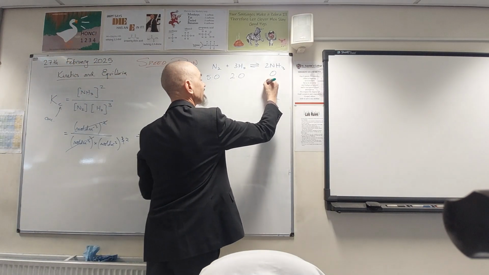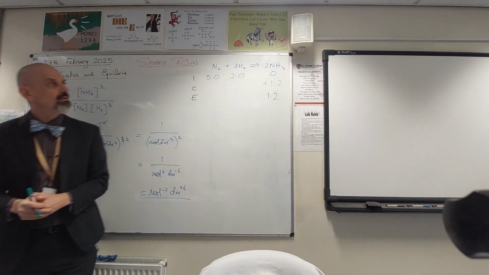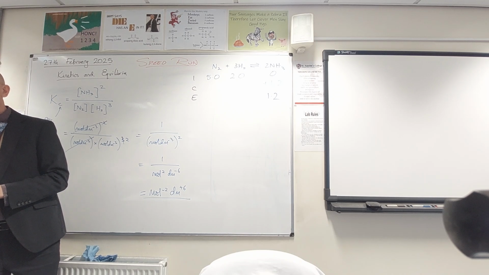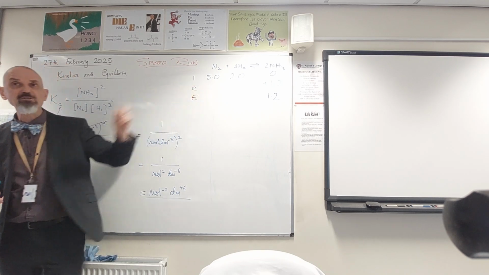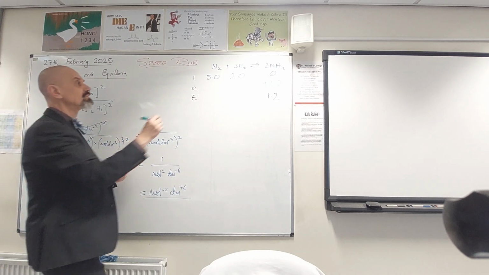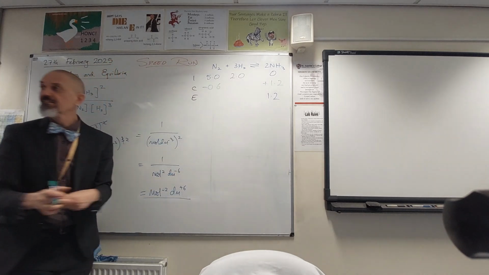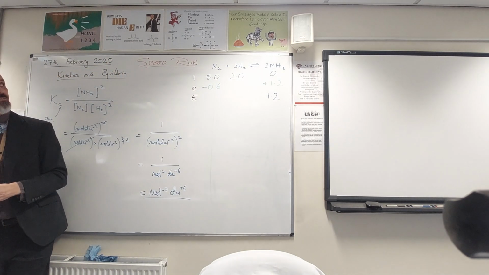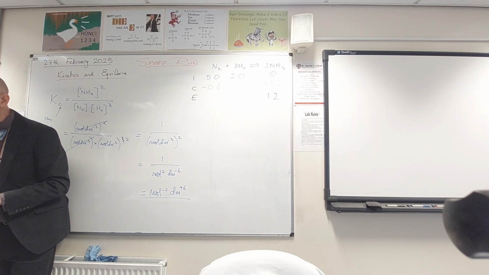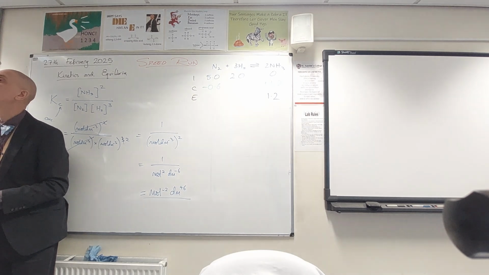So that's obviously gone up by 1.2. So how much has the N2 gone down by then? 0.6. Why 0.6? Because there's two different reactants, so you split it. Okay, that's the wrong answer.